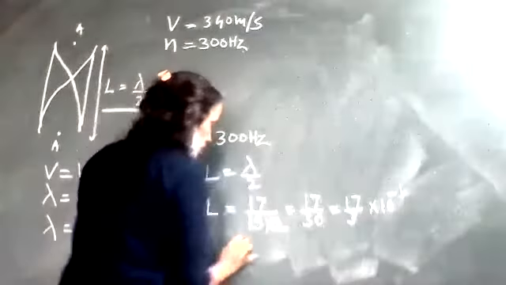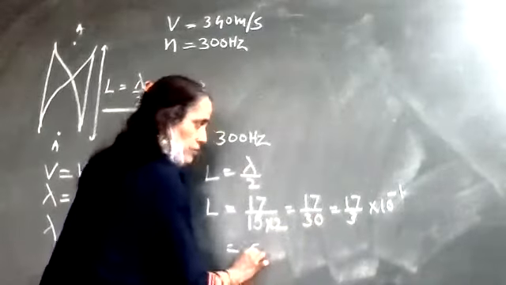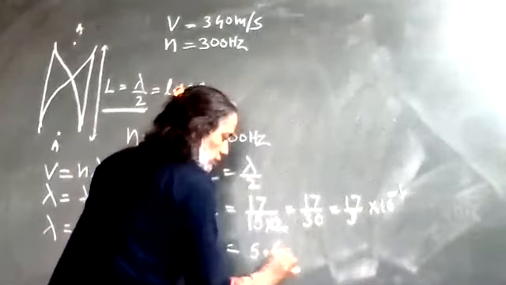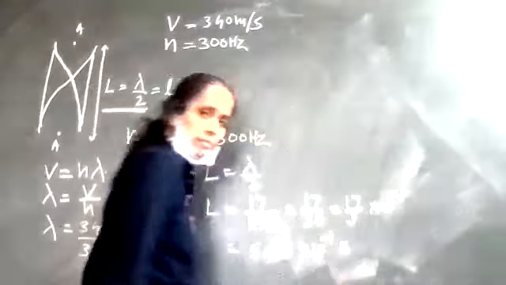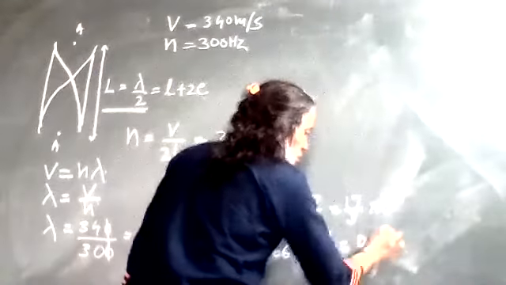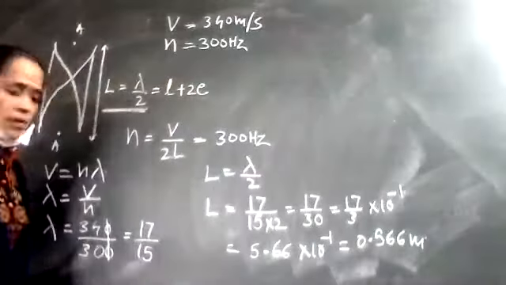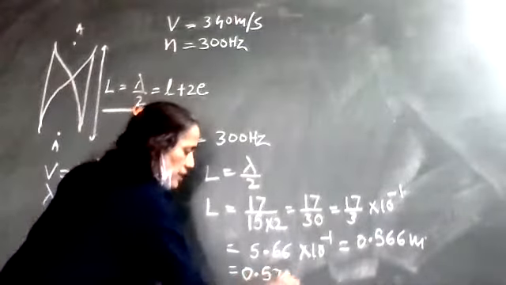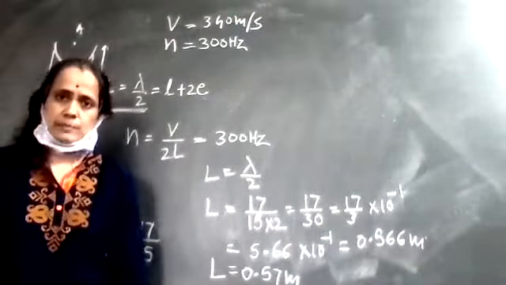Now do this division: 17 by 3, so 3 5s are 15, 2 is remaining, then 20 comes, so it will be 5.66 into 10 raised to minus 1. That means this value will become 0.566 meter. After rounding, I can make that figure 0.57 meter. That is nothing but your length of the pipe.